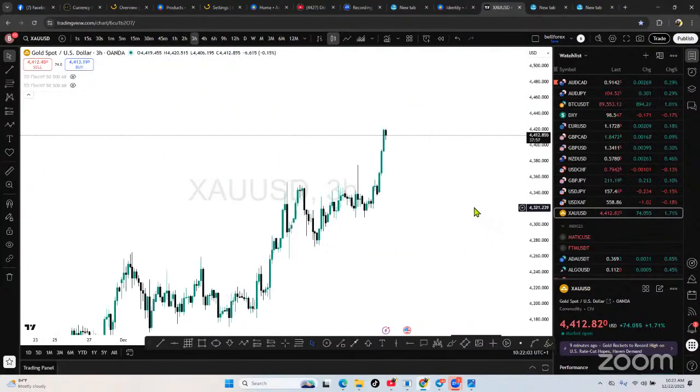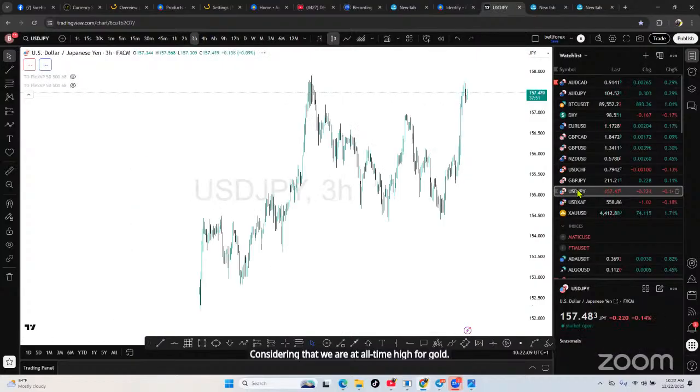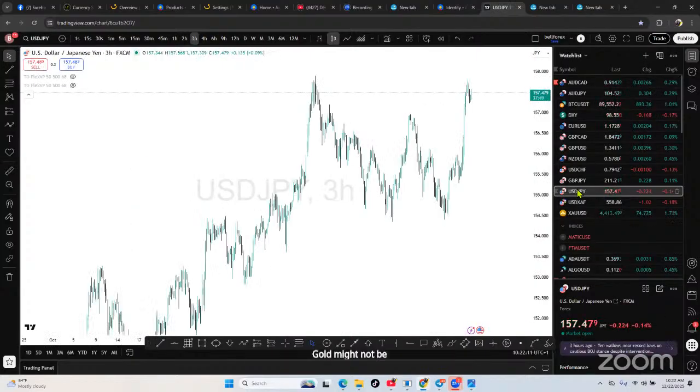The gold looks a little bit tentative, considering that we are at the all-time high for gold. Gold might not be joking. We're at an all-time high for gold.